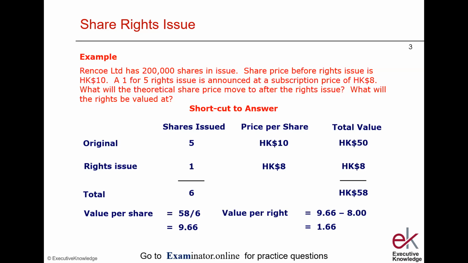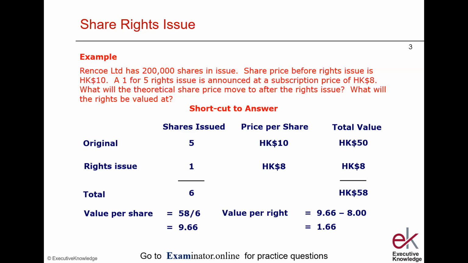Now, in the exam, when you see a question like that, you don't need to write out the narrative. You write down the 5, the 10, giving you 50. You write down the 1, 8, giving you 8. You add them up. You divide total value by the shares issued. That gives you the value per share. And then the value per share minus the subscription price gives you the value of the rights.